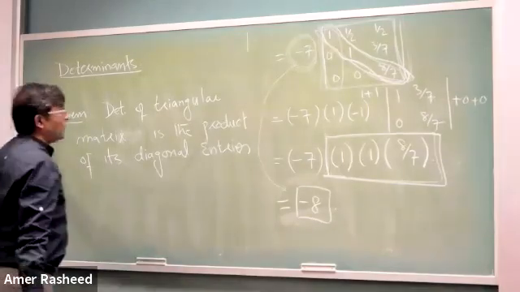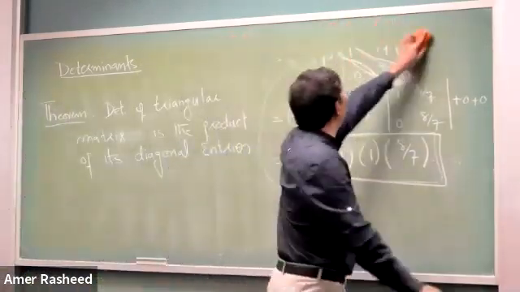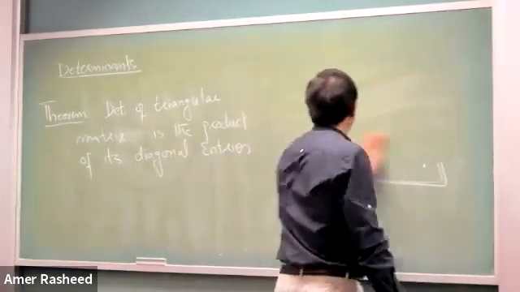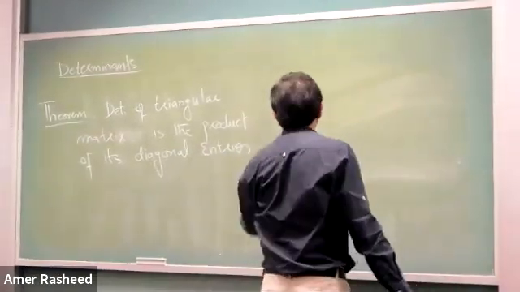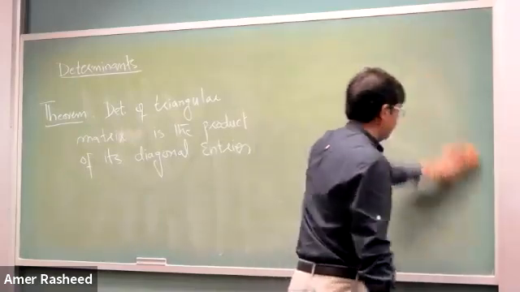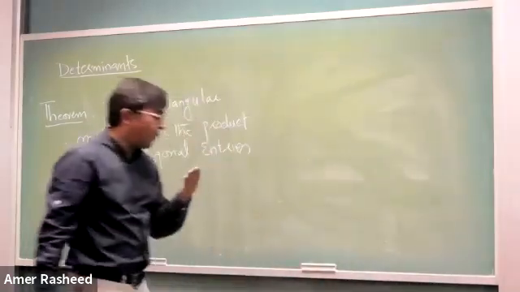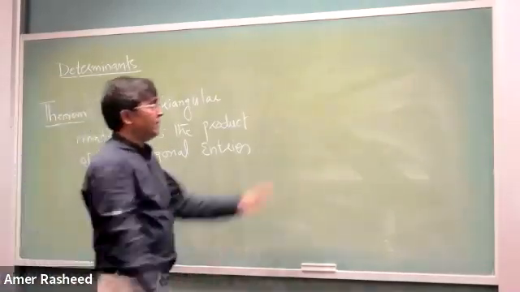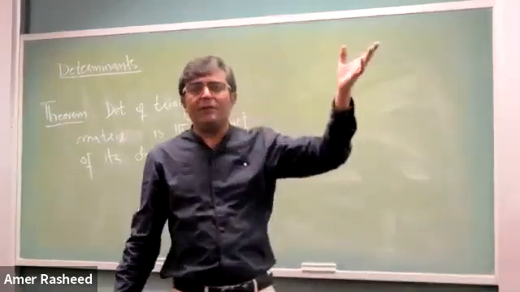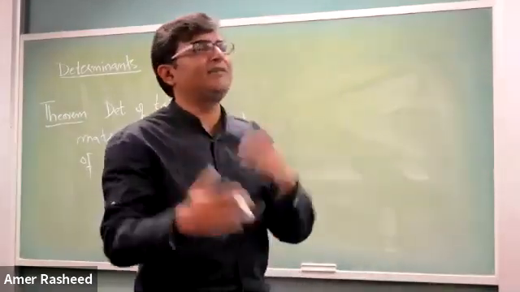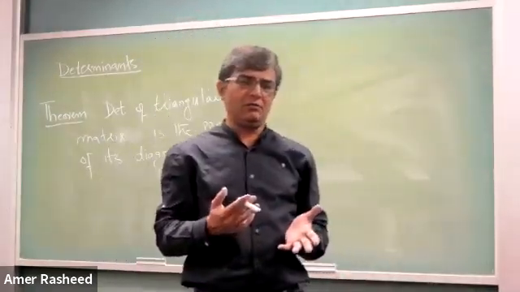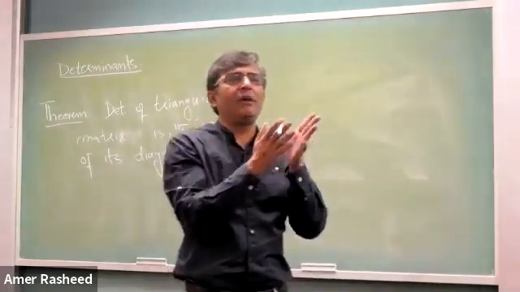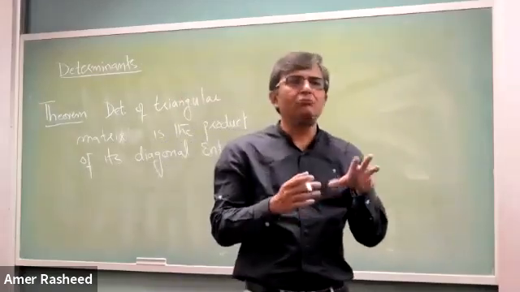Now, whatever the order of the determinant is, you can find the determinant of that matrix. For example, if you have a 5 by 5 matrix or a 10 by 10 matrix, you can use a mixture of these two methods as well. You try to reduce that determinant into echelon form.